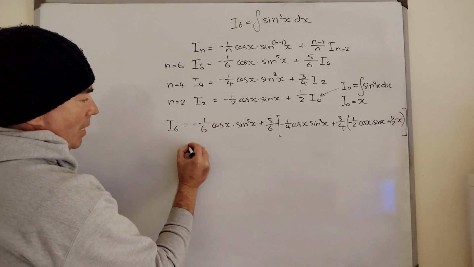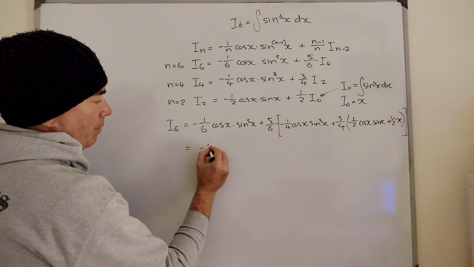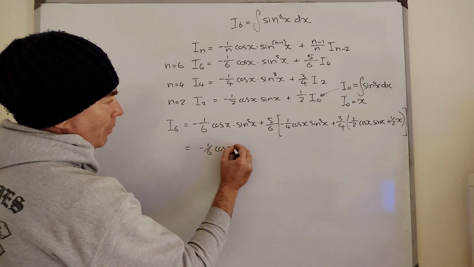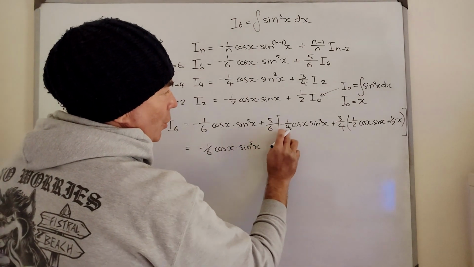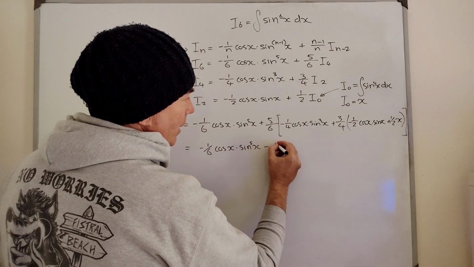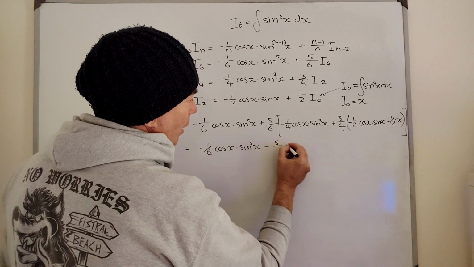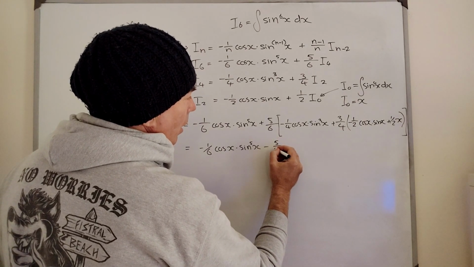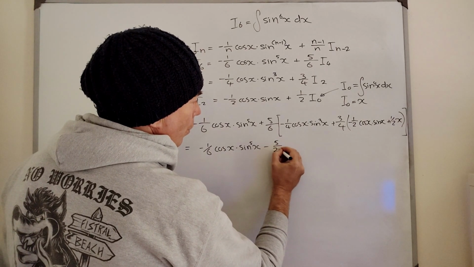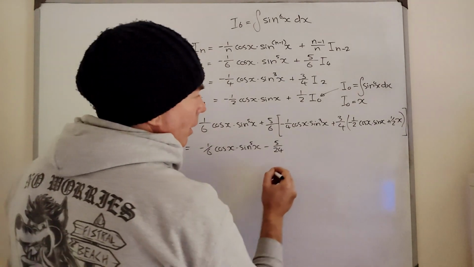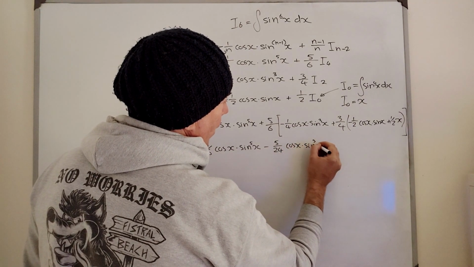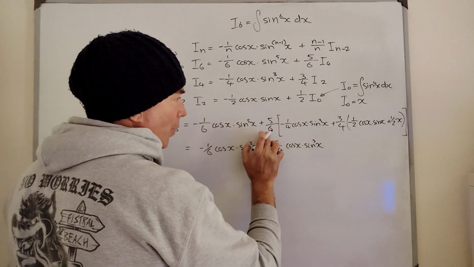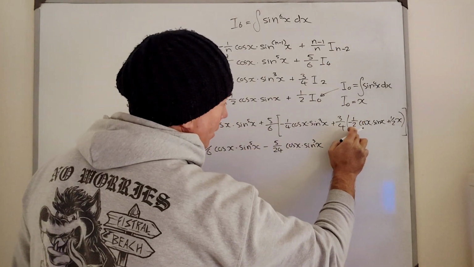Okay, and we can now go ahead and expand and, fingers crossed, simplify a little bit. So sine to the 5 of x, 5/6 times this is negative 5 over 6 times 4, which is 24, cos x times sine cubed x. Be careful here because we've got to multiply this by this by this.